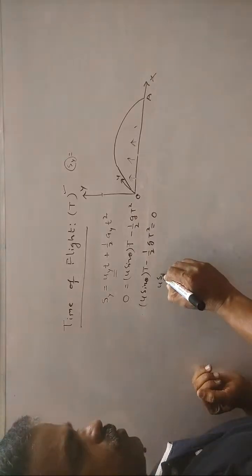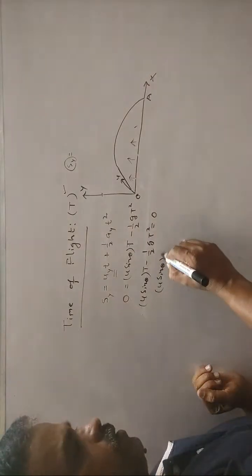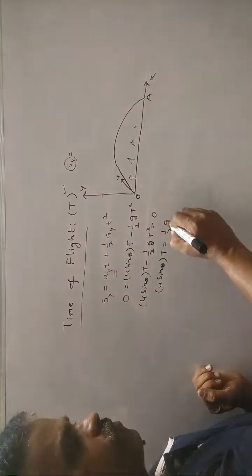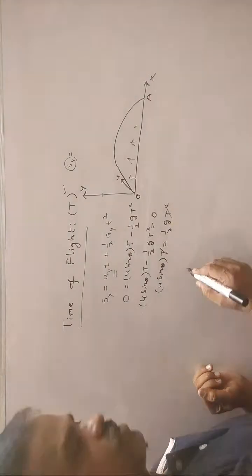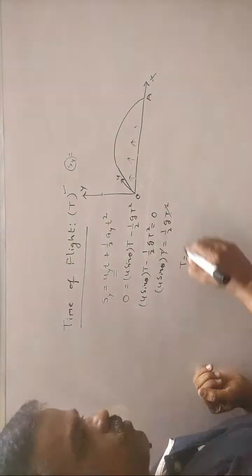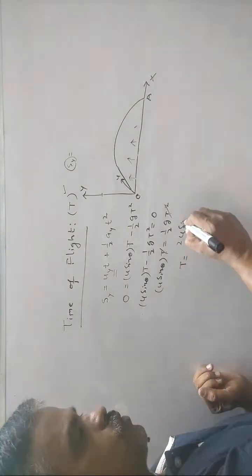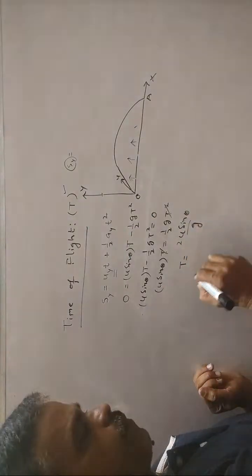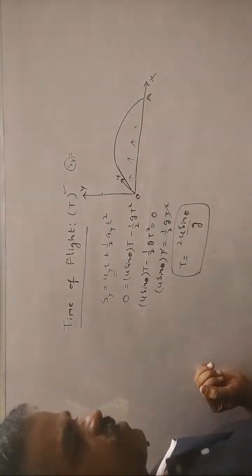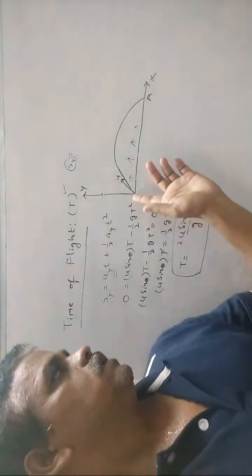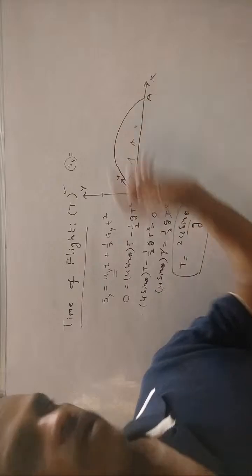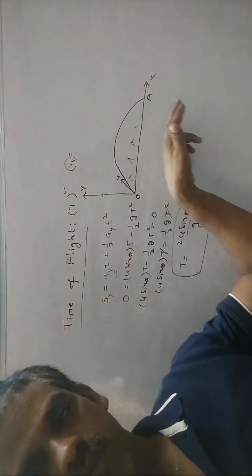So u sin theta into T equal to half gT square. T gets cancelled, and T equal to 2u sin theta by g. This is the total time taken by the body in projectile motion.